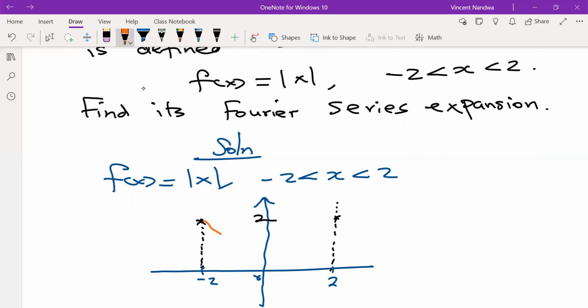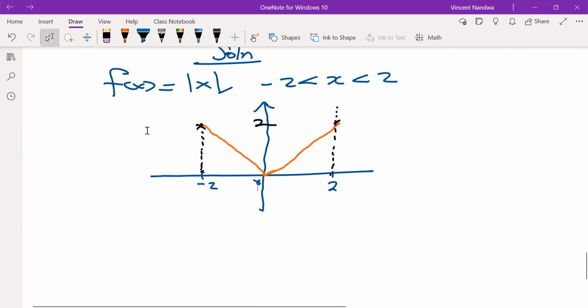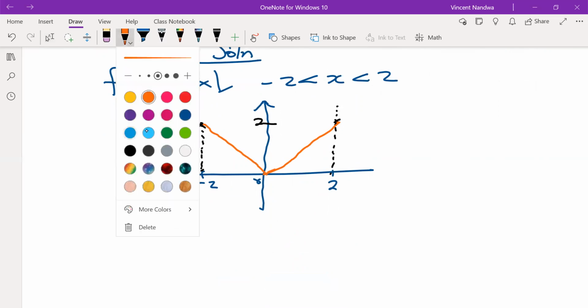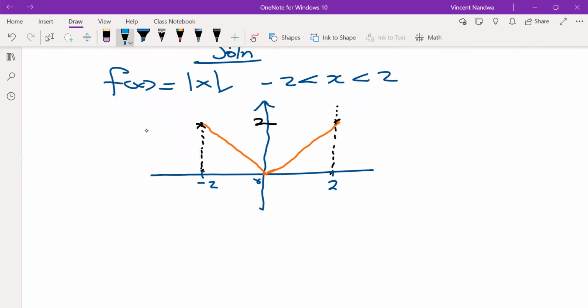So we know that this arm from -2 to 0 is the graph y equals minus x, and from 0 to 2 is the graph of the function y equals x.